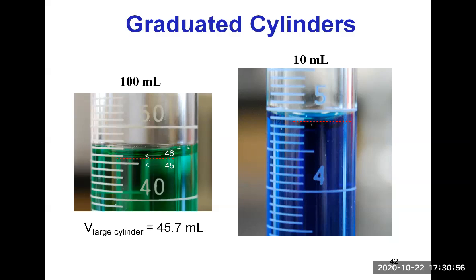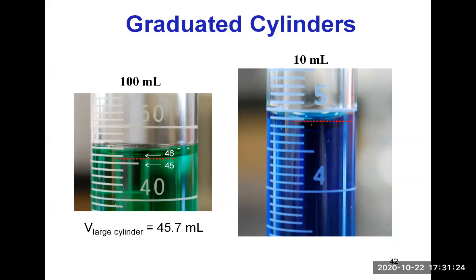So let's practice one more time with a smaller graduated cylinder, a 10 milliliter graduated cylinder. You can see we have a long line for the 4 and then a long line for the 5. And we have lines in between every tenth. The line for the 4 represents 4, so the first line above the 4 is 4.1, right?